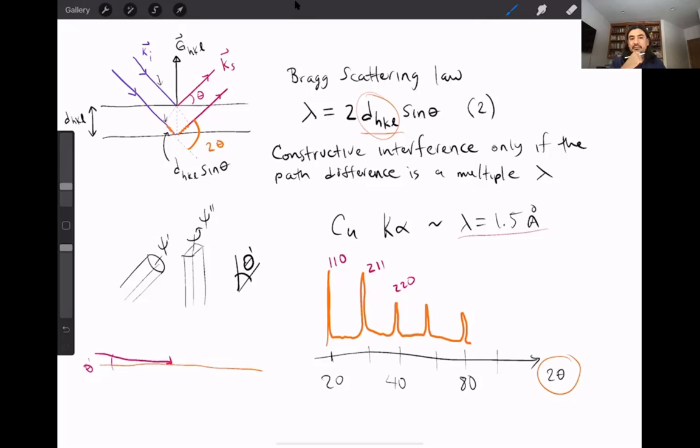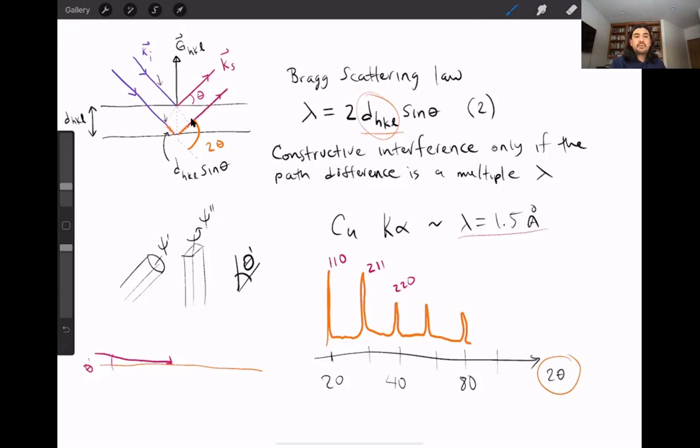Also, I'm so sorry, Zachary. Last question. I was always trying to understand this. Why didn't they use theta instead of 2 theta? Why is the graph in terms of 2 theta?